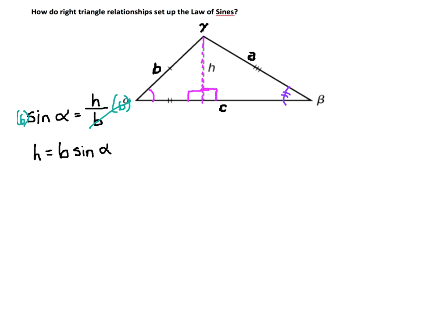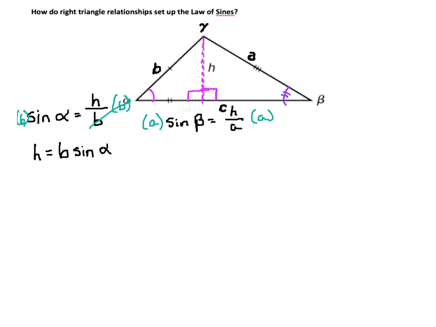If I do this same sort of expression and find that expression for H using the other triangle, I will have the sine of beta is equal to its opposite, which is H, over its hypotenuse, A. And if I want to solve for height there, I do the same thing.